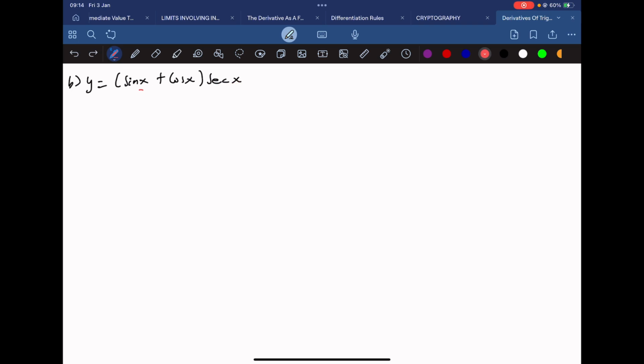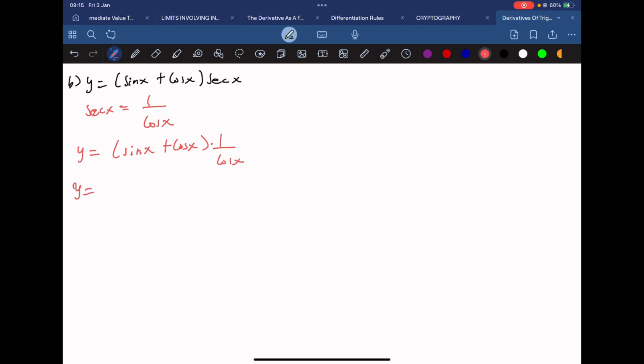One thing that you have to notice is this is secant of x, and we know that secant of x is 1 over cosine of x. So we can rewrite y to be this: sine of x plus cos of x multiplying 1 over cos of x.